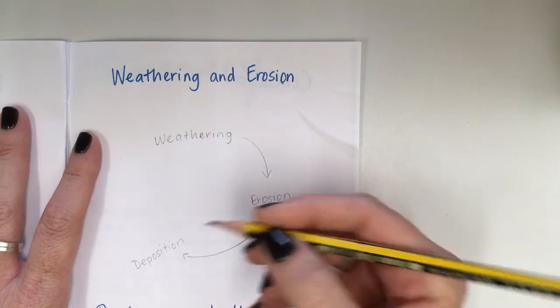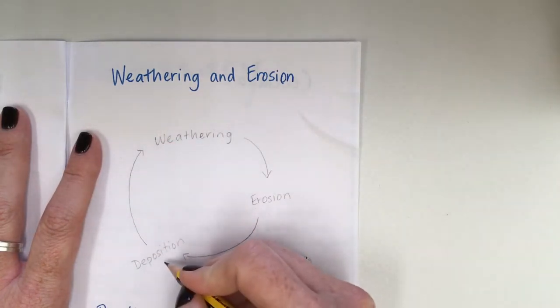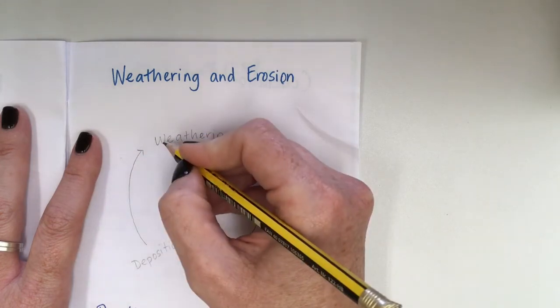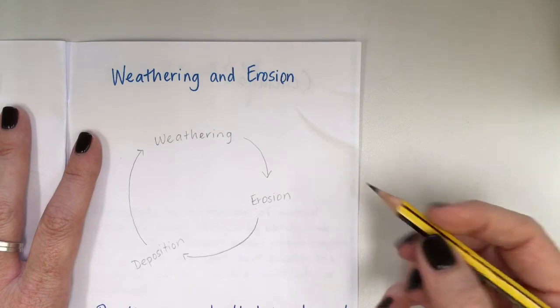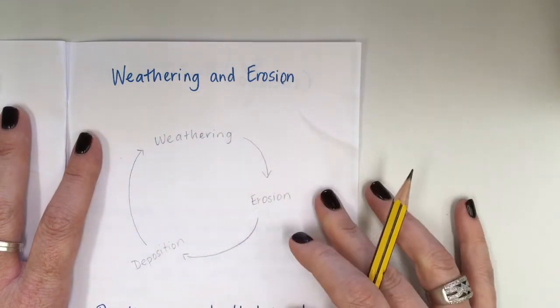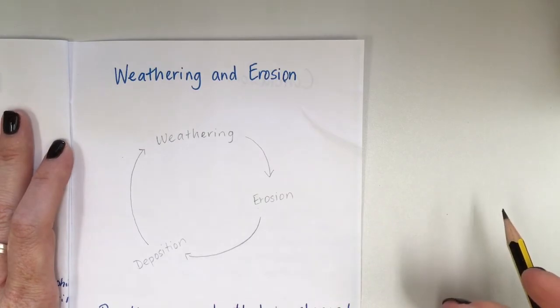And sadly, sometimes this cycle continues where those materials that have been placed in one location get weathered again, and this cycle continues, and we continue to see how this idea of weathering and erosion works in our environment. This is just one example of a text feature that you could include.